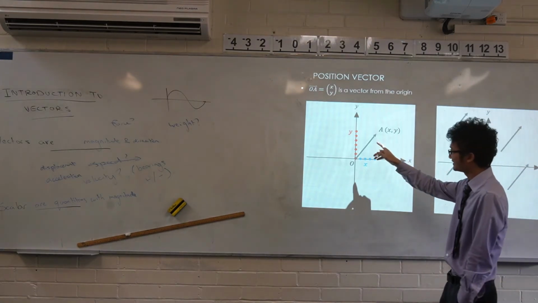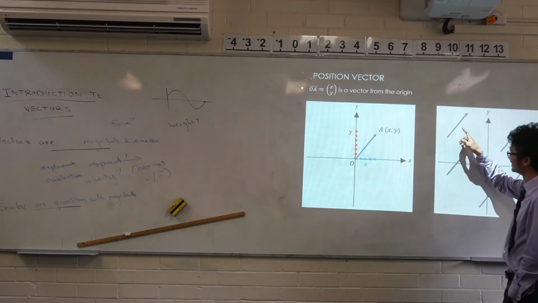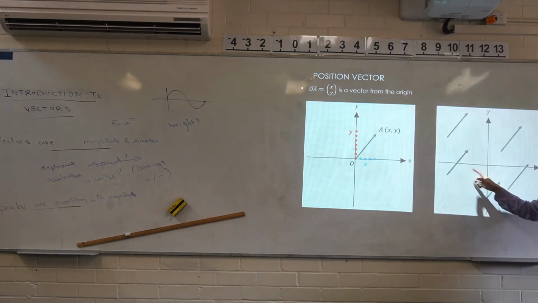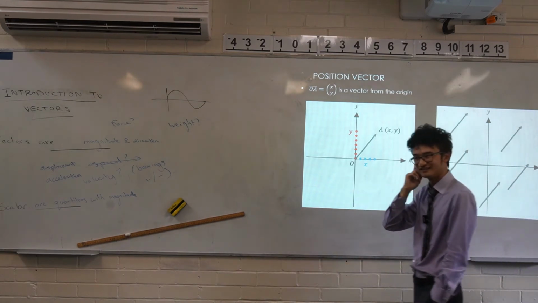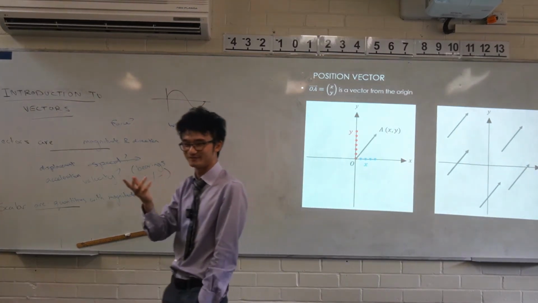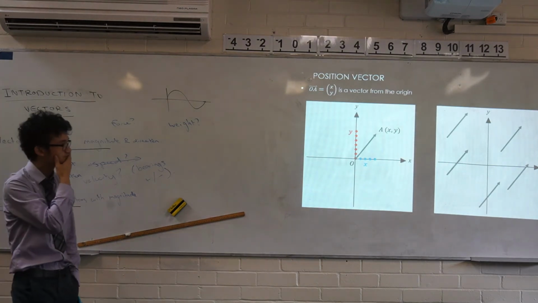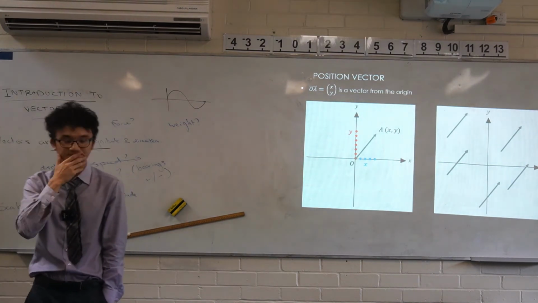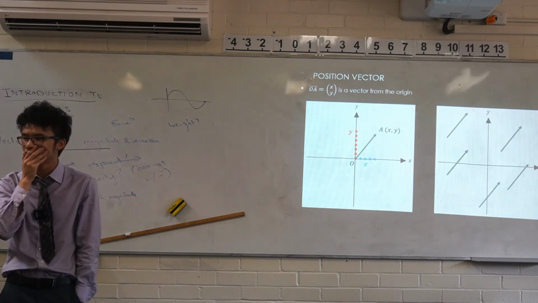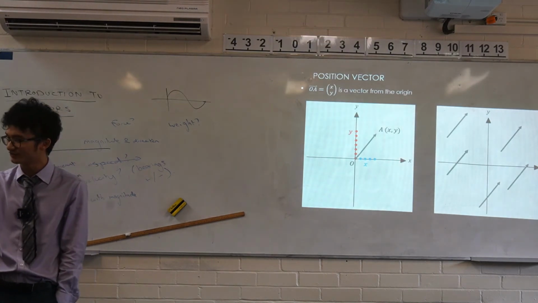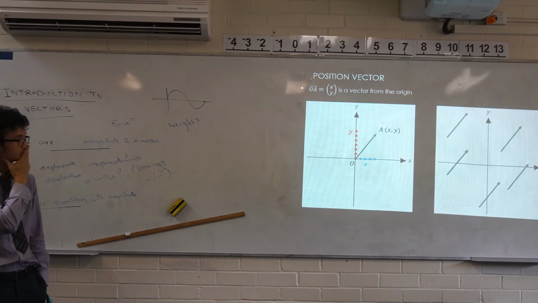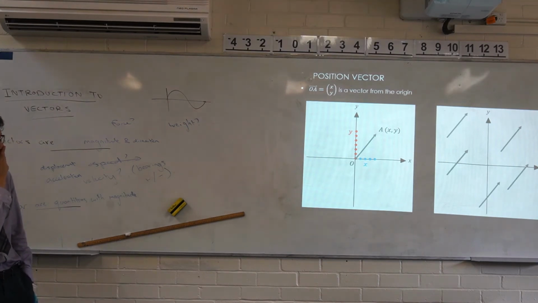Now the question is, are these vectors different, or are they the same? Do they look the same? Same magnitude? Is the direction the same as well? Depends on where you base it from.